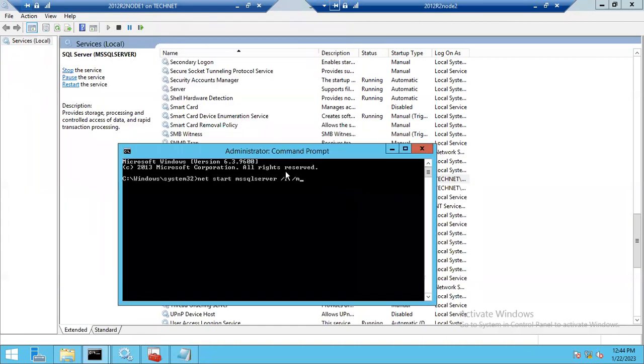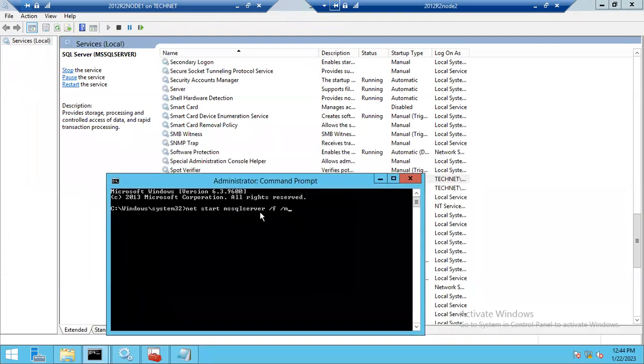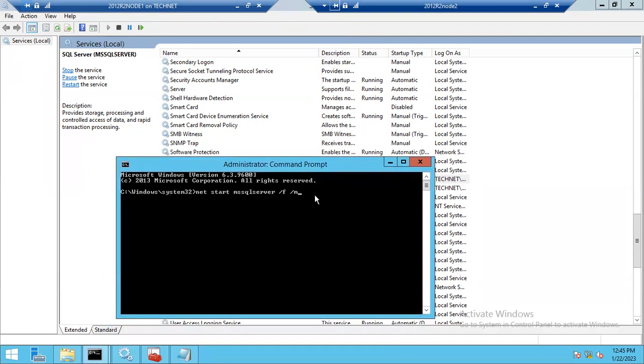I am starting the SQL service using /f, a minimal configuration mode, so that if you have minimum resources, it will be started with that, and /m for single user mode, and I will be using SQLCMD along with that, so I'm telling it that I'm going to connect using SQLCMD.